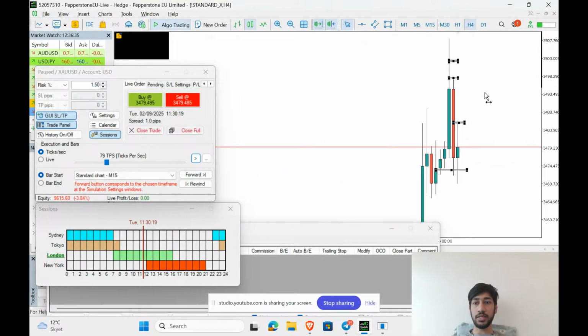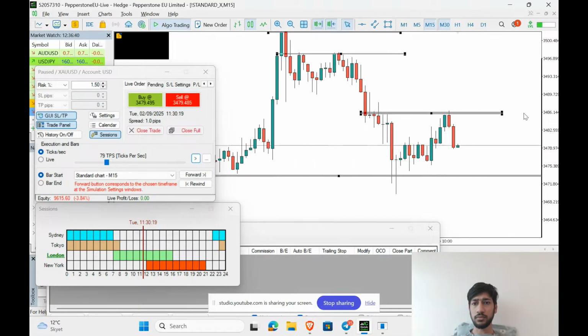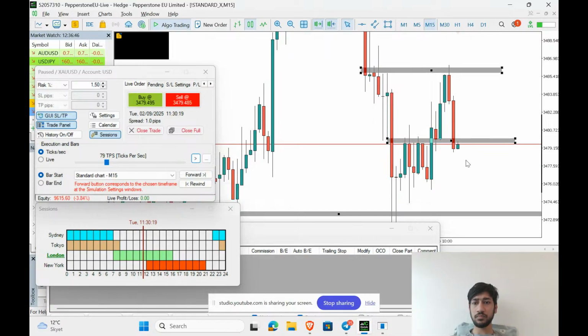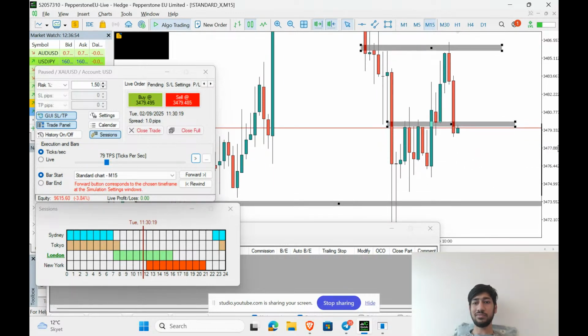H1 coming down, H4 we are coming down. M15 we just closed below this support. 76, 77, 78, 20, 25 pips range.